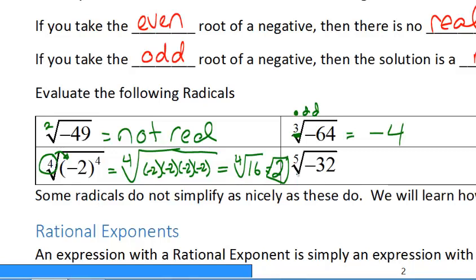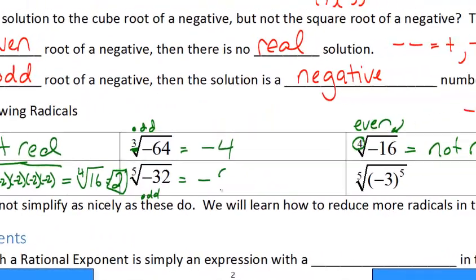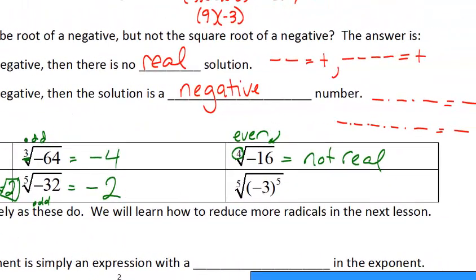The next one, my 5 is odd. So because it's odd and there's no evaluating to be done on the inside, I just know my answer is negative. The 5th root of 32 is -2. Again, don't be hasty here. This is odd, right? But we need to multiply it out first.